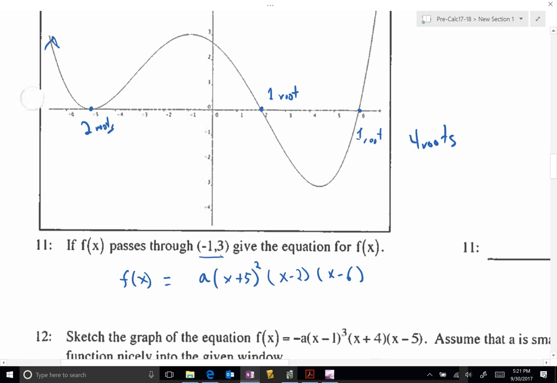We're going to use this point here to solve for a. So we're going to set f of x equal to 3, and we're going to plug in -1 for x. It's -1 minus 2, and -1 minus 6. And we're going to solve for a. Well, when we multiply that all out, we get 4 here, and 4 squared becomes 16.